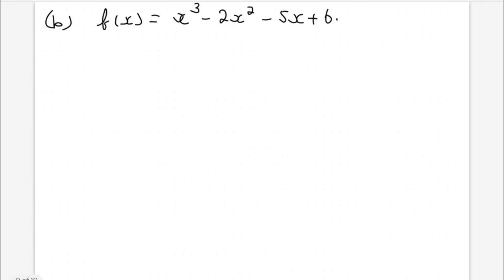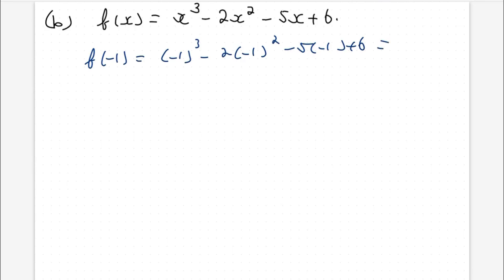In this example, we want to find a factor of f of x equal to x cubed minus 2x squared minus 5x plus 6. So I'll try to find f of minus 1. Minus 1 cubed minus 2 into minus 1 squared minus 5 into minus 1 plus 6. Put this in my calculator.